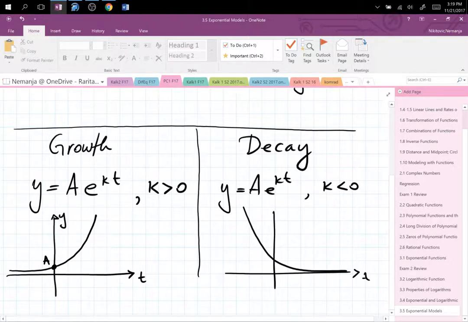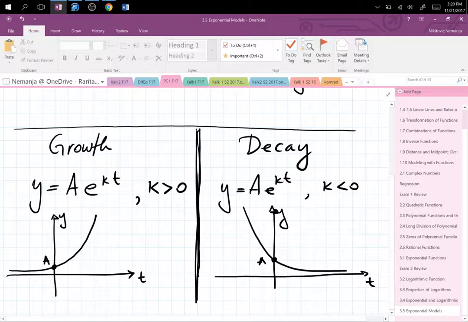Again, we have a t-axis. That's a. That's y. And that's it. So we have these two worlds. The world of growth and the world of decay.